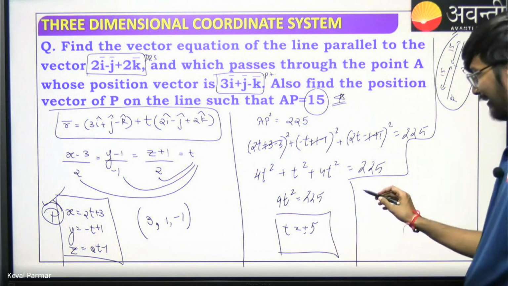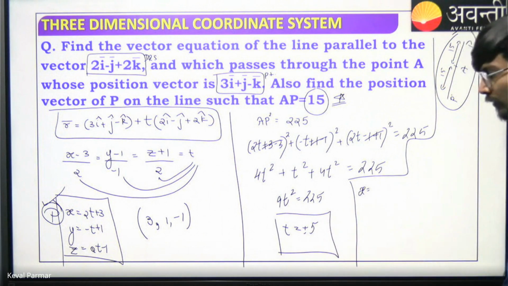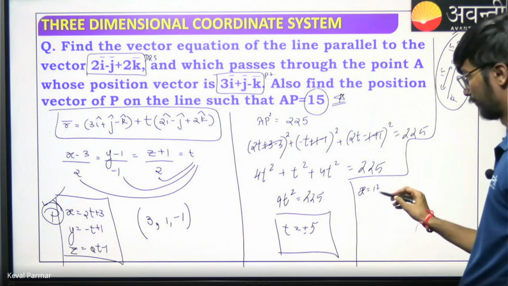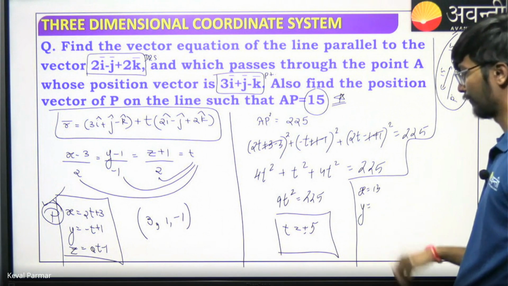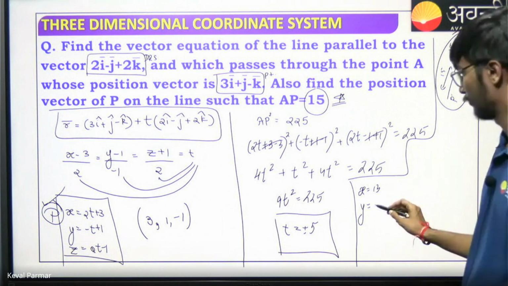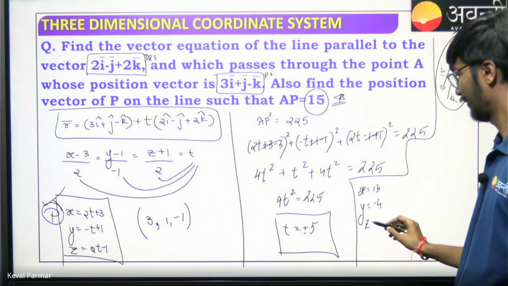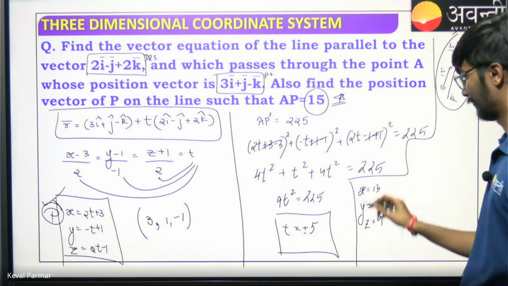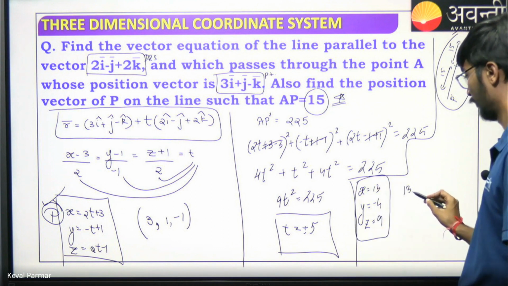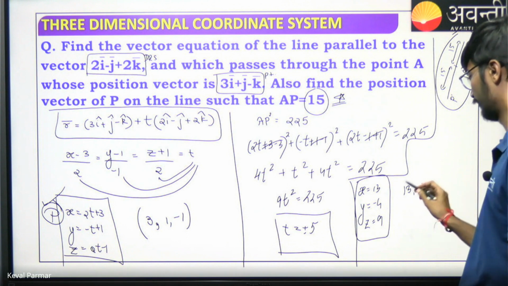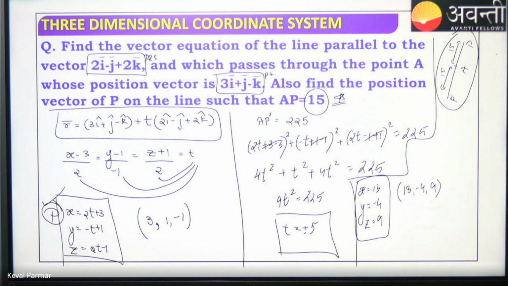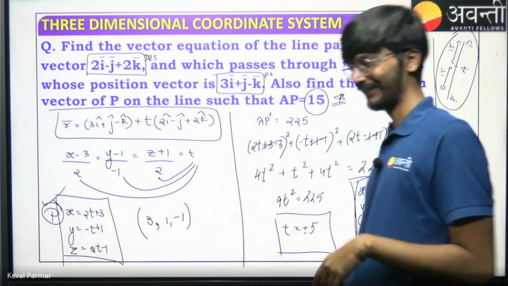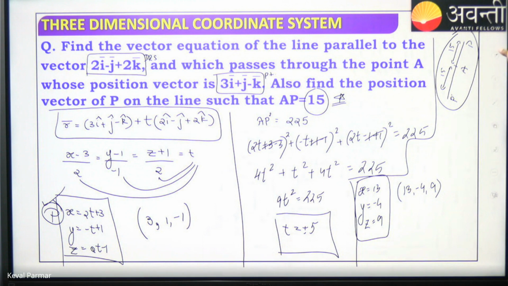I'll get x as 10 plus 3, 13, y as minus 5 plus 1, minus 4, and z as 10 minus 1, 9. So my point is 13, comma minus 4, comma 9. And same for if we substitute minus 5. I'm not doing it, please try yourself.